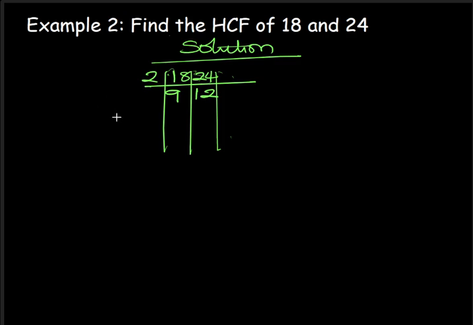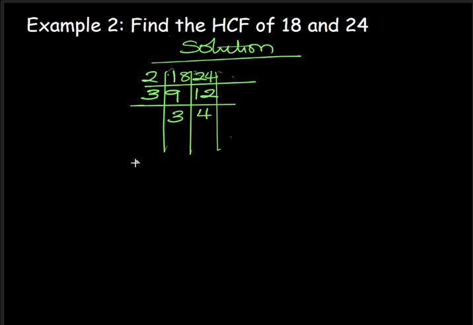So we go with what? I think 3 can divide 9, and 3 can also divide 12. 3 into 9 will be what? 3, and 3 into 12 will give us what? 4. Now this is where nothing can divide 3 and 4 except 1. We are not looking for 1 because 1 will not make any difference for us. So that is where we'll stop our division. So in HCF, you stop where nothing can divide everything at the same time.